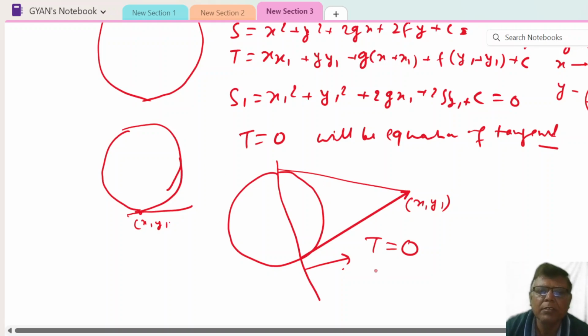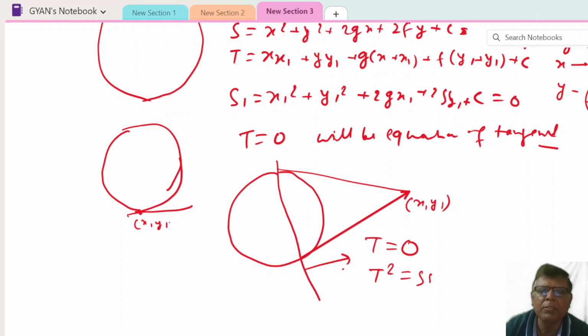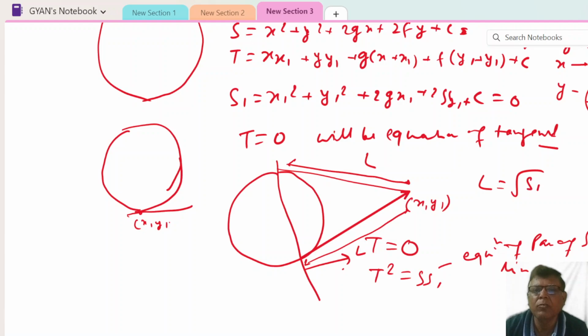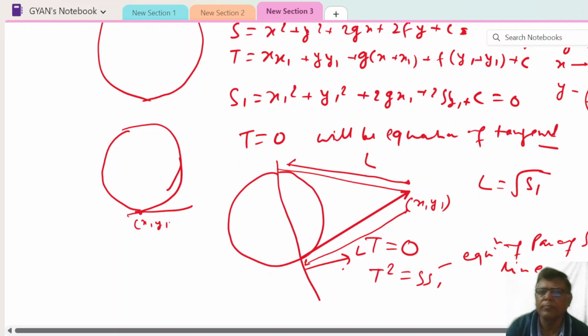And T square is equal to SS1 will give the equation of the pair of tangents. And the length of tangent, this L or this L, both are equal. So this L is given by the root of S1.